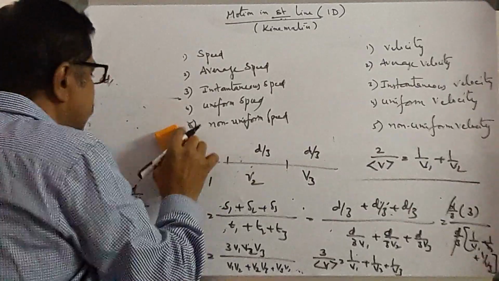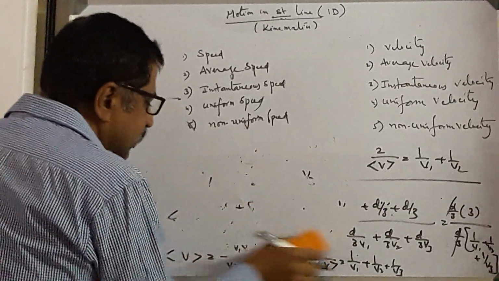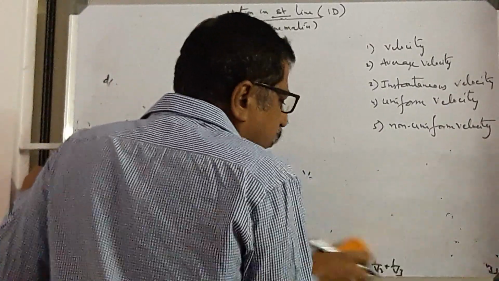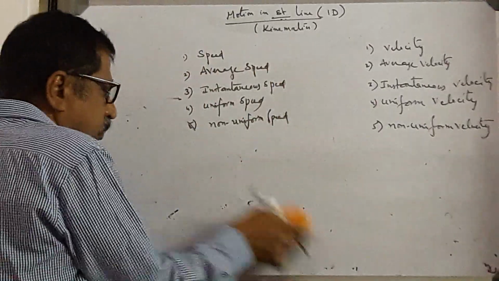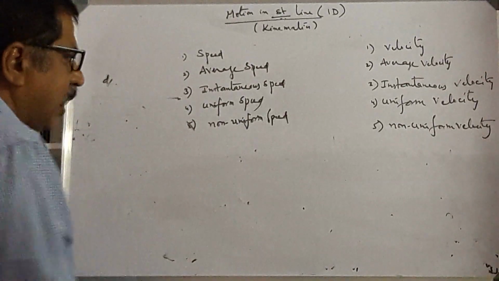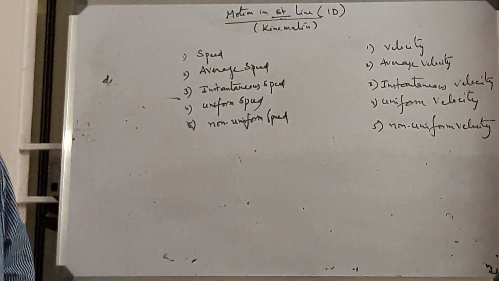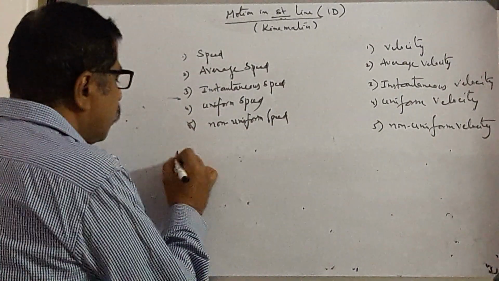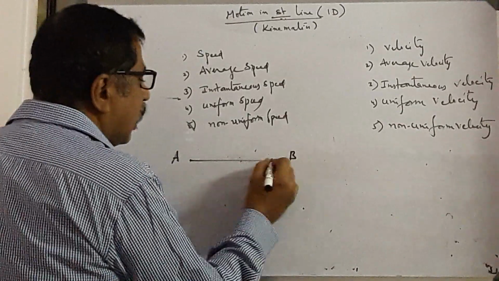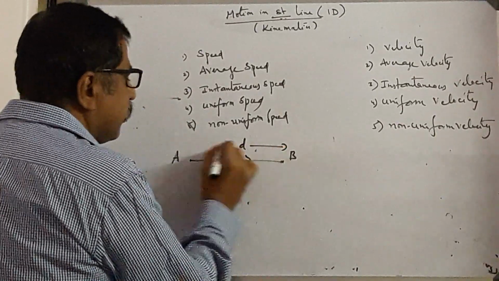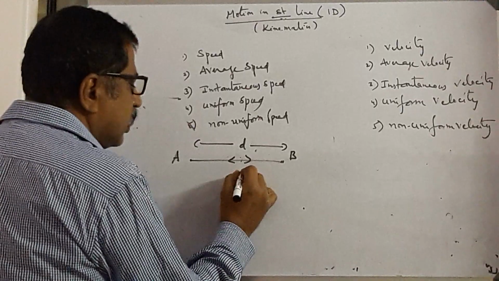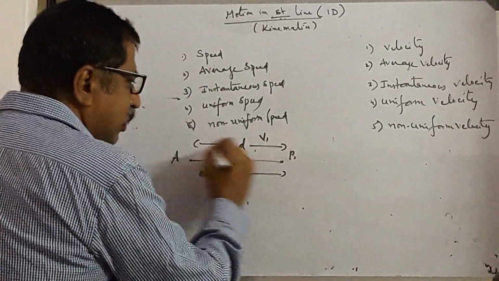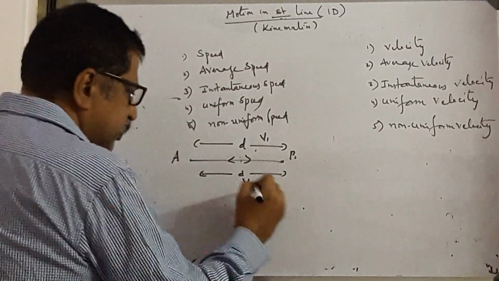Next, in another way, average speed is determined like this. Another example for average speed: if a body travelled from A to B, a distance D, and then returns to A, what is the average speed? For example, with a speed v1 in this direction and v2 on return.